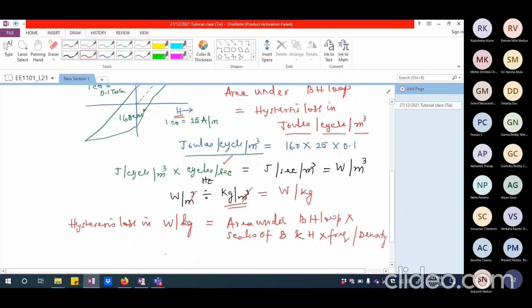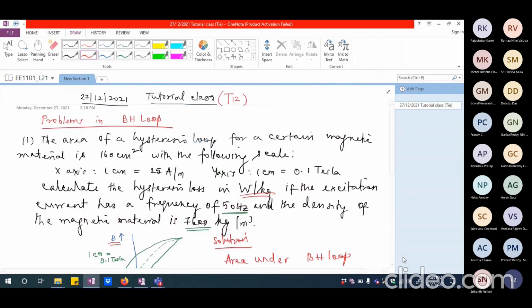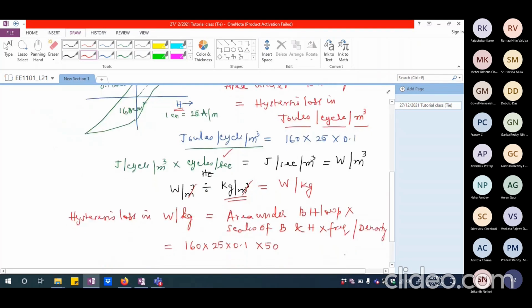Now what I have got here is 160 multiplied by 25 multiplied by 0.1, and this has to be multiplied by 50, which is 50 Hertz, and divided by whatever is the density. Density is given to be 7600. So I'm going to divide this by 7600.